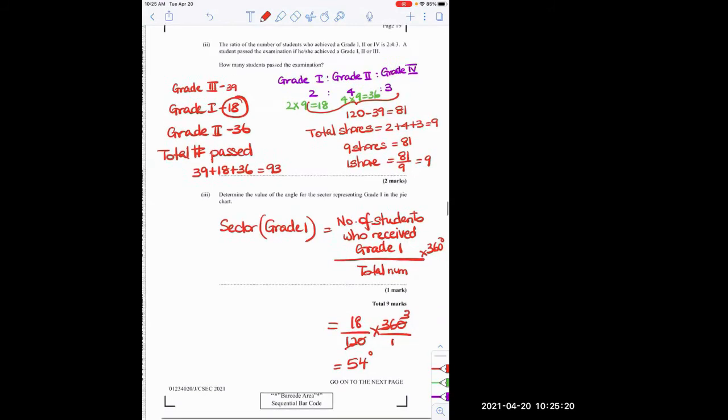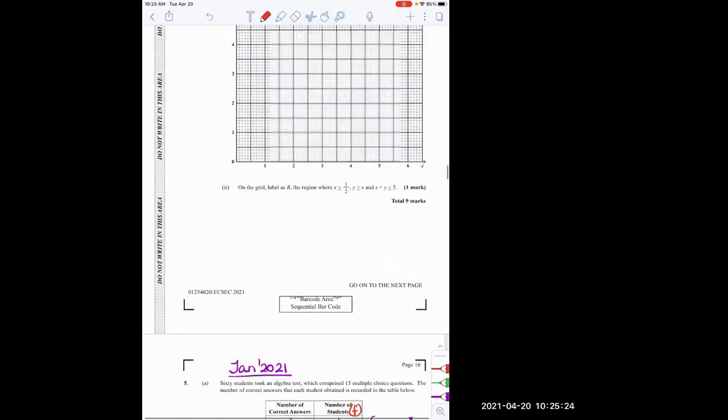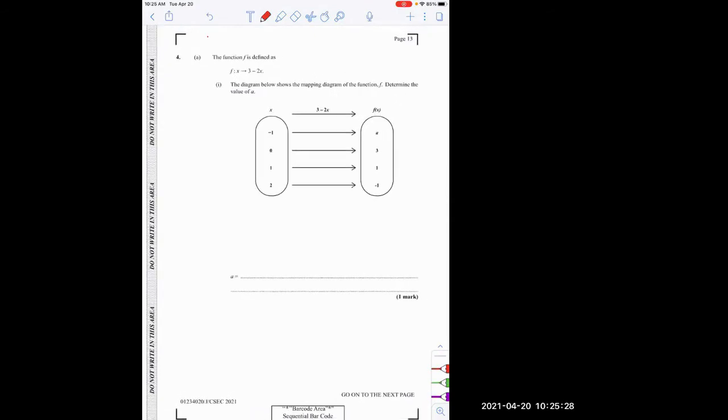Yeah, miss. Okay, so we're looking at relations, functions and graphs. We go to question 4. All right, let's go.